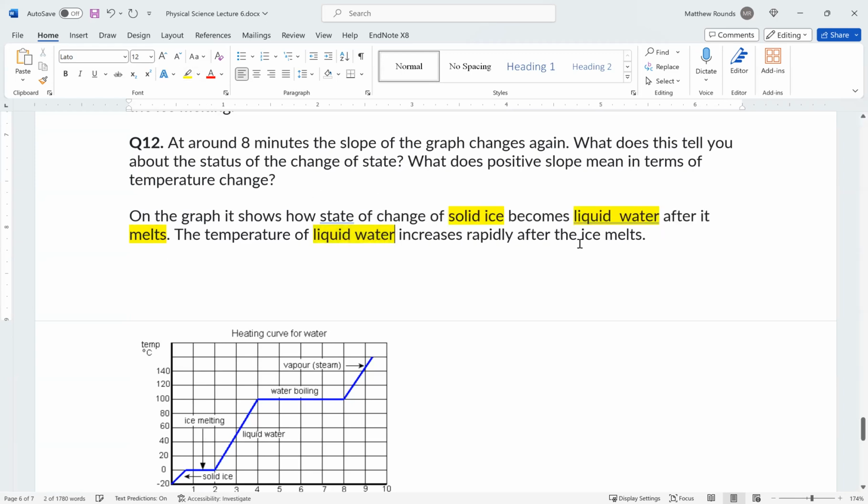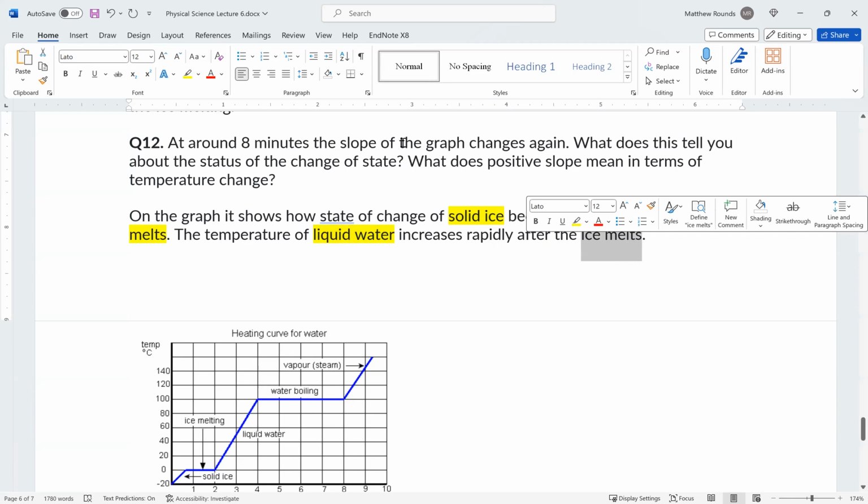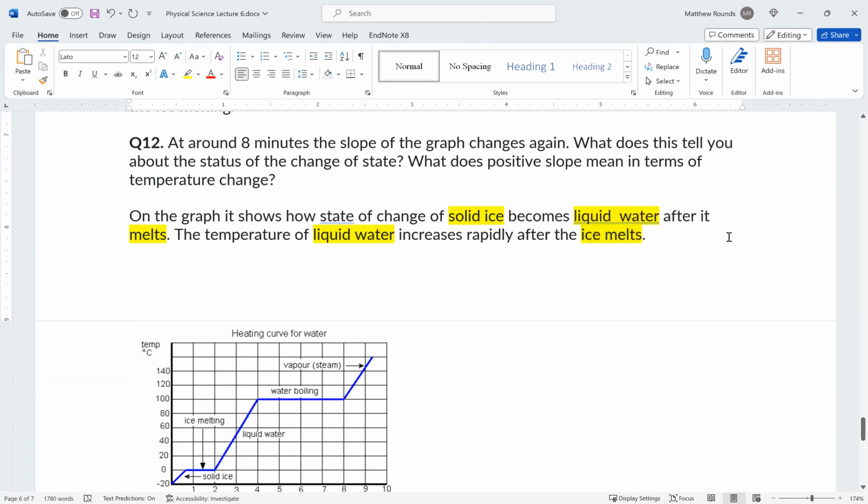You're just changing the words to match this new scenario. So if you haven't changed all those words, maybe take another look at it. That point there at 8 is exactly the same as that point there at 2, but with different words. Got it.